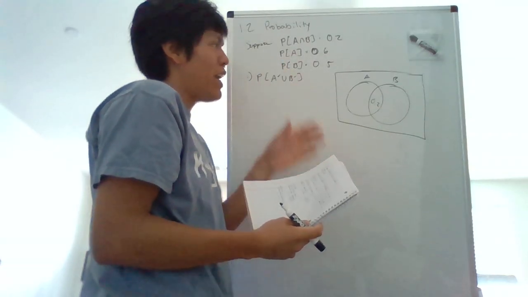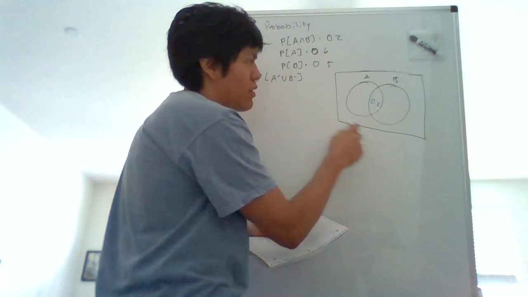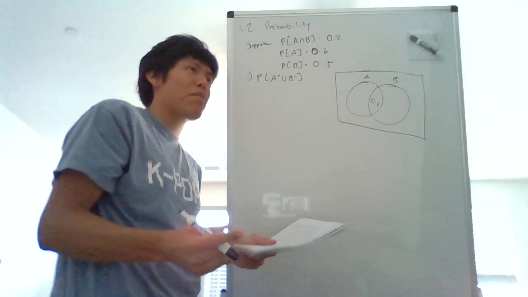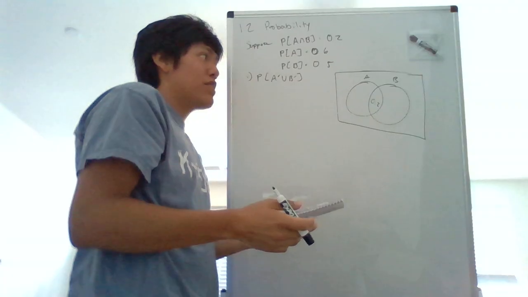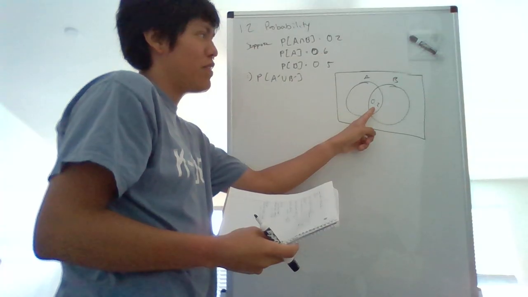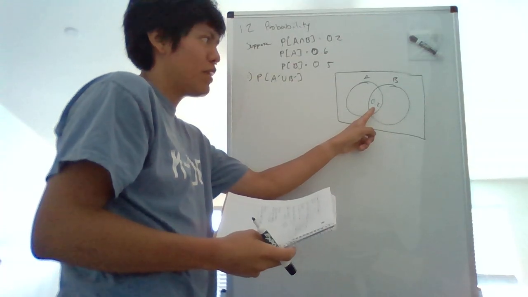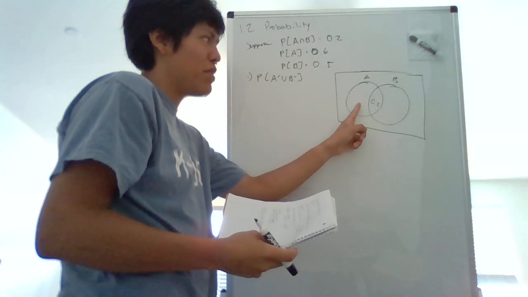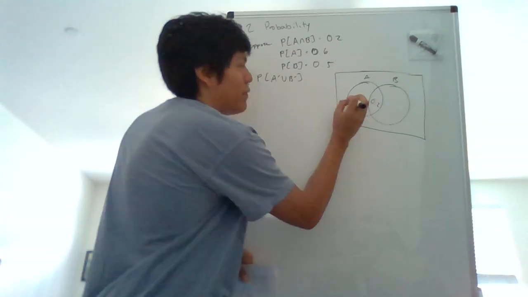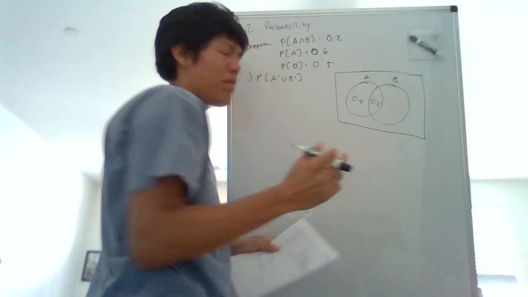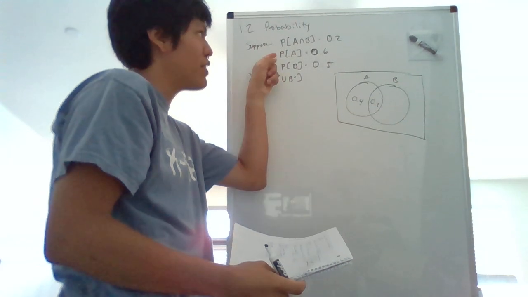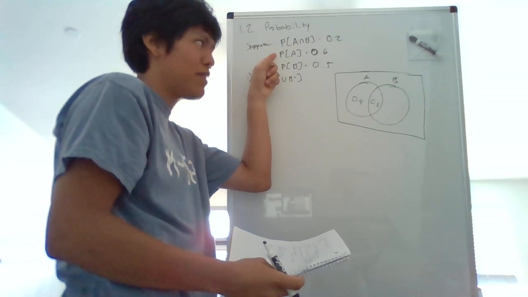The probability of A would be the entire circle of A, which includes this middle section. Now remember, we don't want to overcount. If we already have that the probability of this middle section is 0.2, then the probability of this other section of A would be 0.4. That's because 0.4 plus 0.2 gives us the entire probability of A, 0.6.